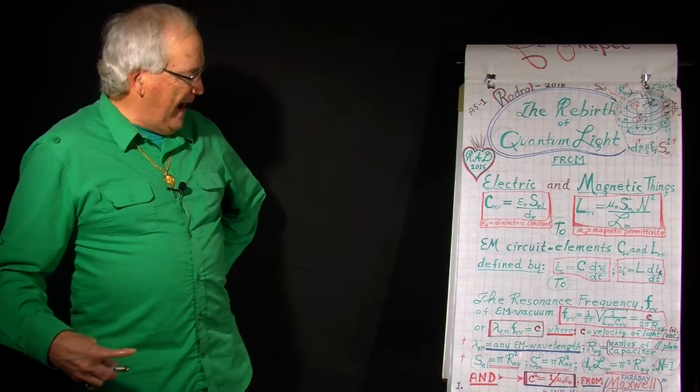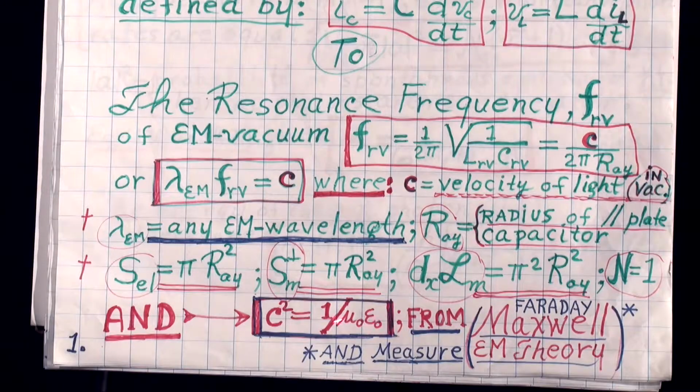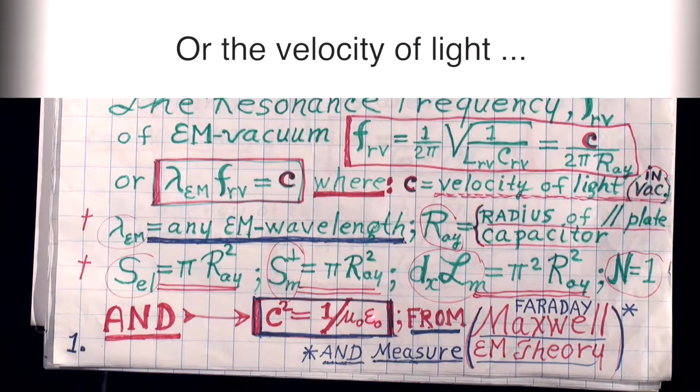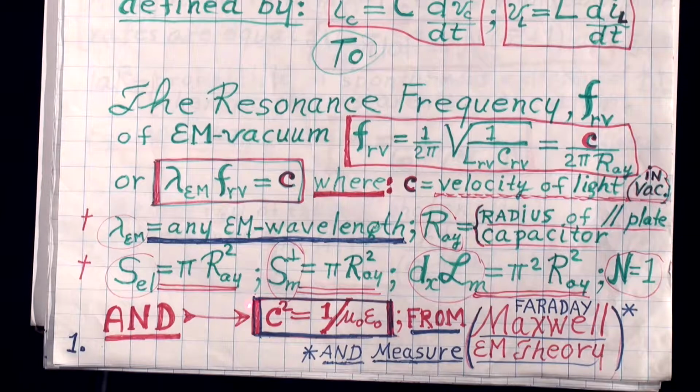When the two constants of the vacuum are multiplied together, the reverse of that simply gives the square of the speed of light. So there is a direct relation between the speed of light and the electromagnetic parameters of the vacuum.